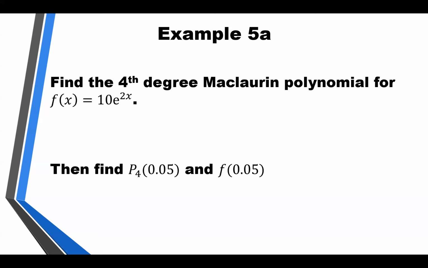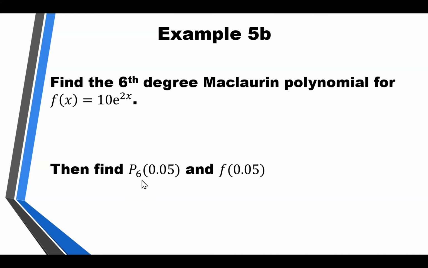I want you to try this on your own. Find the fourth degree Maclaurin polynomial for my function of e to the 2x, and then do the same thing, but rather than the fourth degree, try the sixth degree Maclaurin polynomial for that function.